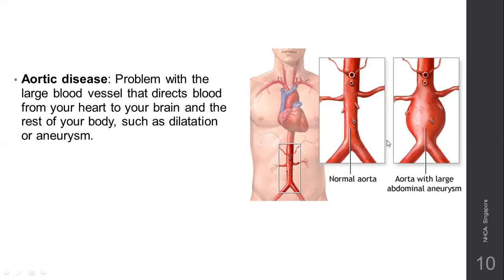Okay, so the aorta can also have some issues. So you can see here how a normal aorta looks and how a distended aorta will become. A distended blood vessel or distended artery, we call it an aneurysm. Okay, aneurysm, you can see the spelling here. So when there is an abnormal dilation, how does this dilation take place?